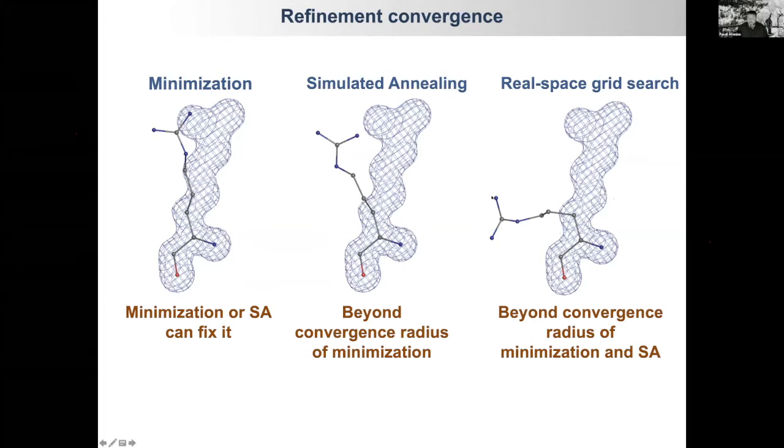And now if you have something like this on the right, where the sidechain and the density are far enough from each other, then it's very unlikely that simulated annealing does the job, and definitely minimization is not going to. And this is where the grid search comes in handy, because you can sample the long torsion angles and fit the sidechain into the map.